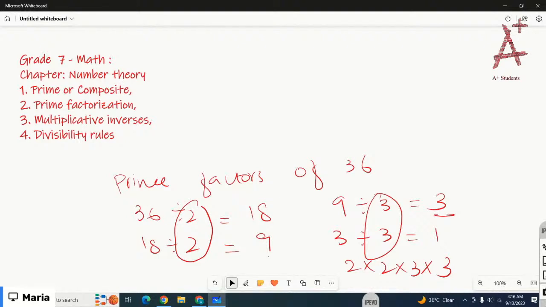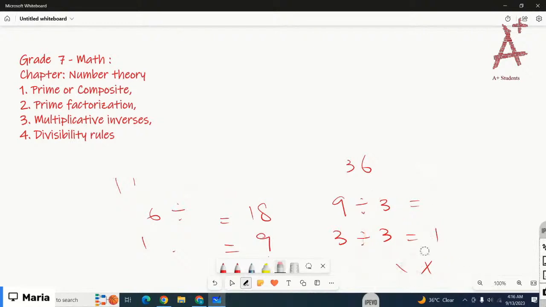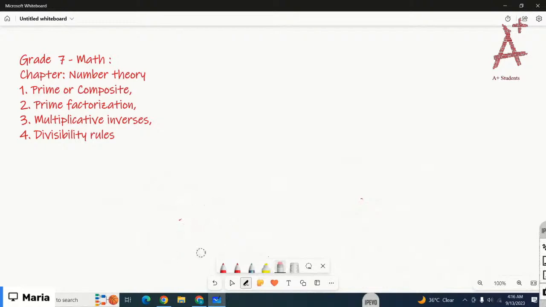Let's just see what is the multiplicative inverse. Okay, so what is the multiplicative inverse?